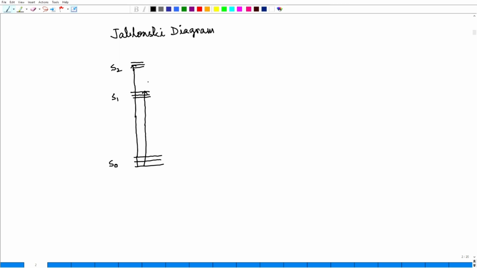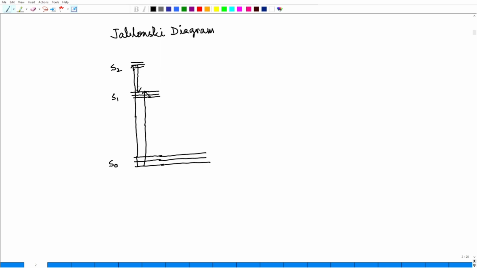Just give me some time to manage this. Fine. So, this is absorption, with the same h nu. And these are different vibrational states, so eventually this one will come down to this state.